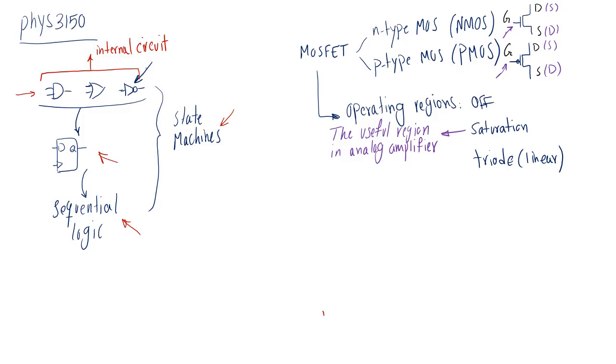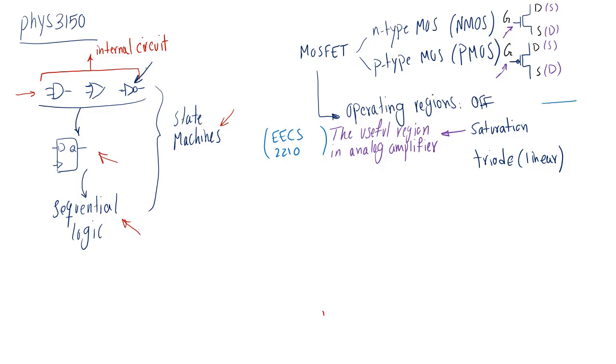Okay, so we're not going to talk about this region. If you're more interested in this, you can take the course ECS 2210, Introduction to Electronic Circuits and Devices. Over there, you can actually learn more about MOSFET amplifiers and the use of MOSFETs as an amplifier in analog circuits. How about the other two?